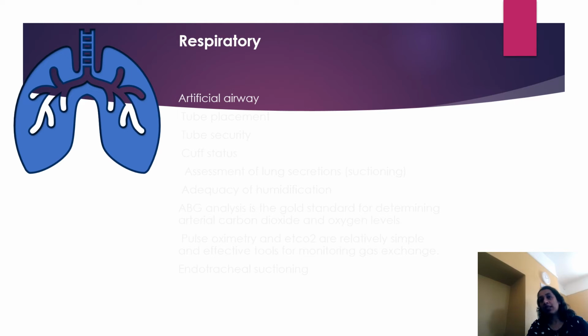Sometimes they get wet and the patient's compliance will be obstructed due to the wet filters. Then ABG analysis, pulse oximetry, EtCO2, endotracheal suctioning. It's not restricted to only what I mentioned; you can go further with the respiratory system if you feel you need further assessment.